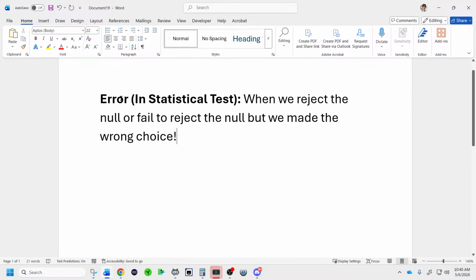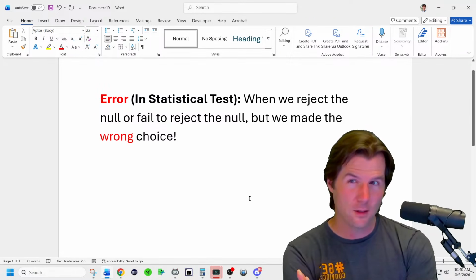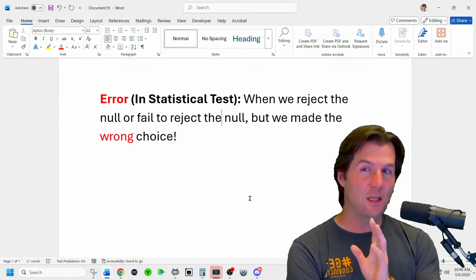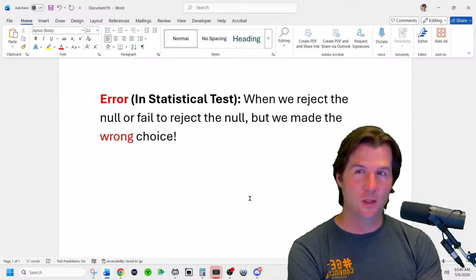Okay, so an error is when we make the wrong choice about rejecting or not rejecting the null. So this is the error of the test. Kind of. Well, kind of. But whatever we decide at the end was the wrong choice. Does that make sense?